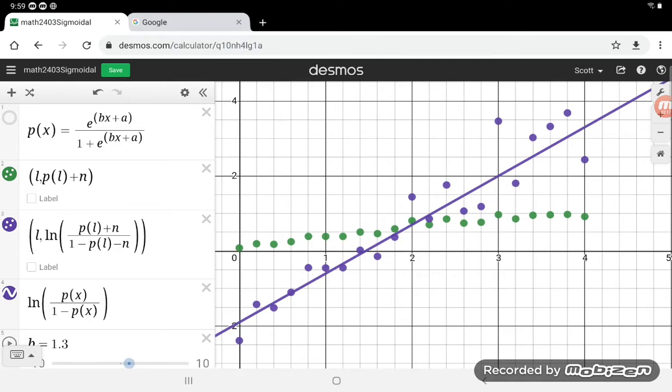And so, that's the idea: we simply are going to transform our y values, so to speak, our probabilities, using that natural log of the y value over 1 minus the y value.